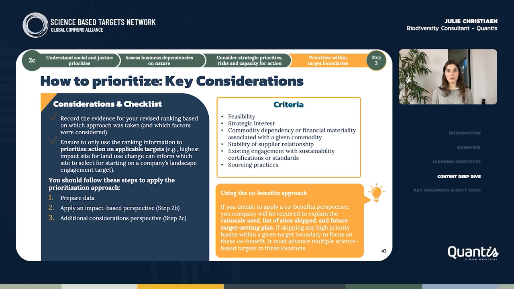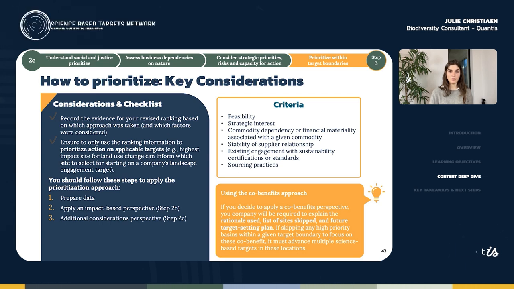Companies will be required to attach the Step 2 criteria and results alongside Step 2B results to demonstrate how additional considerations modify the priorities. Companies should follow these steps in order to apply the prioritization process. So first, prepare your data. Then, apply impact-based results that correspond to Step 2B. And then have this additional considerations perspective that we saw in Step 2C.